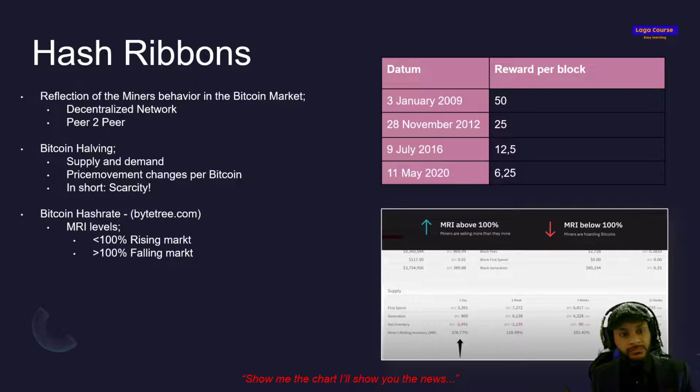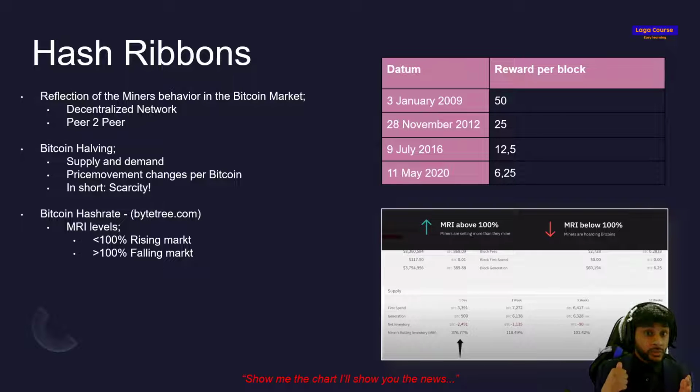So first, we have to realize that the Bitcoin halving happens after 210,000 blocks, off the top of my head. So it's approximately 4 years. After each 4 years, you will see that the Bitcoin reward gets halved. Back in 2009, we had 50 Bitcoins per block. In 2012, it was 25. In 2016, it was 12.5.